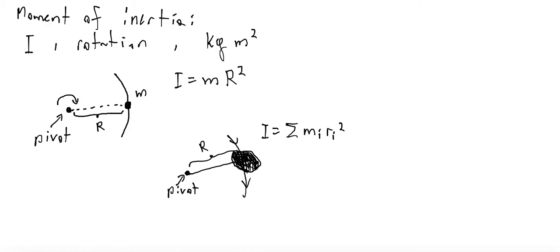So you have to split this object into an infinite number of small masses and calculate the moment of inertia of each mass, and finally you have to add these moments.